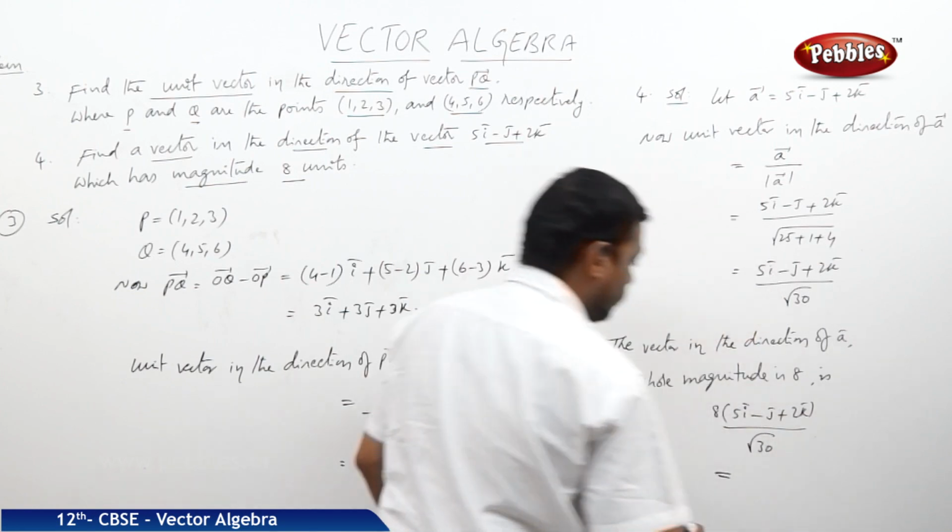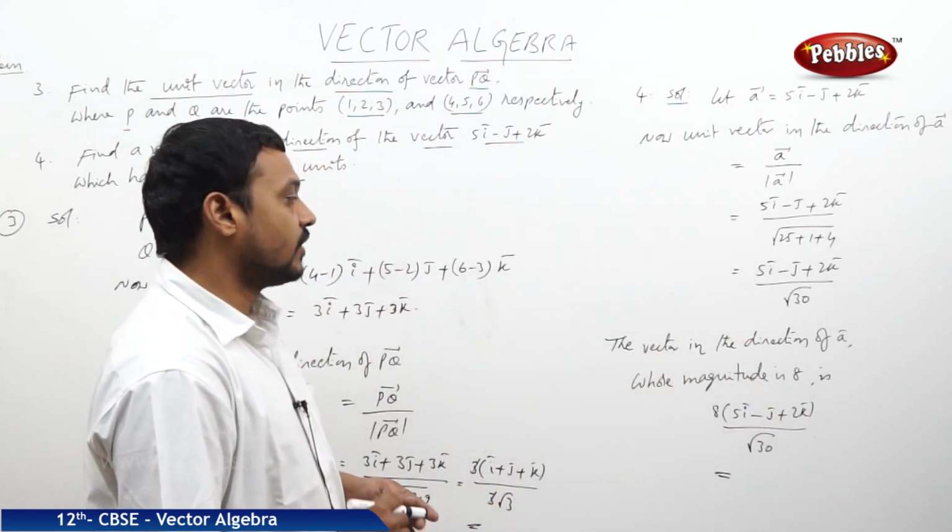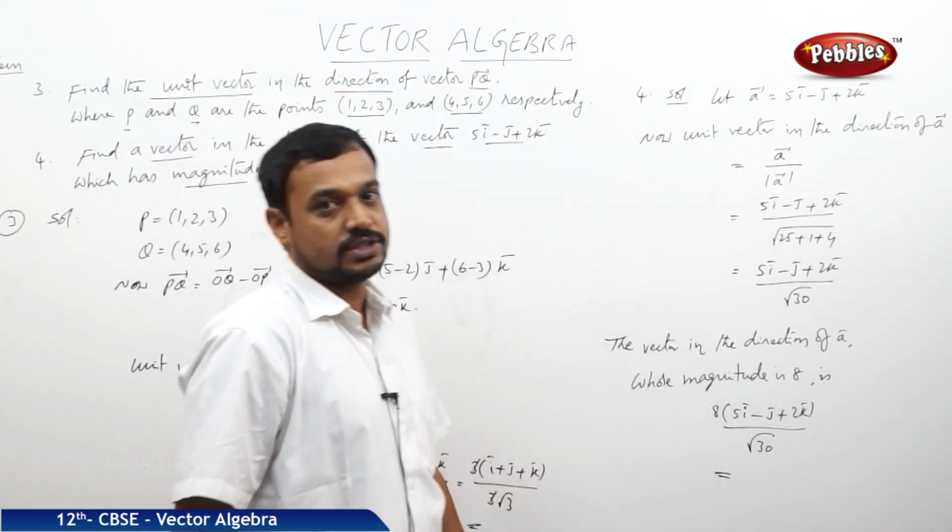Okay, now that is the vector in the direction of a bar with the magnitude 8 units.